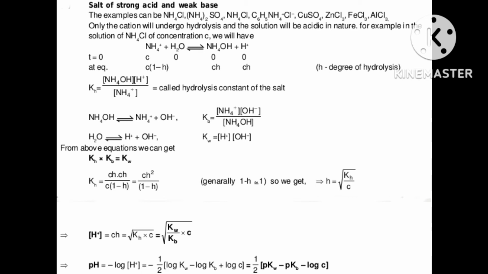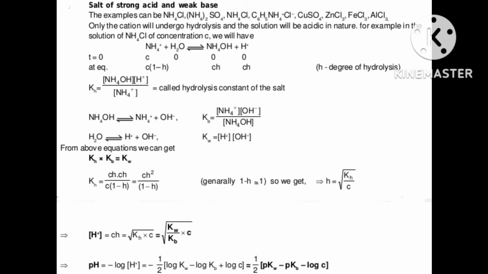Then 0.05 alpha square divided by 1 minus alpha will remain. Here also the value of alpha is small. Why? Because the Kb value is very small, then obviously the alpha value will be very small.